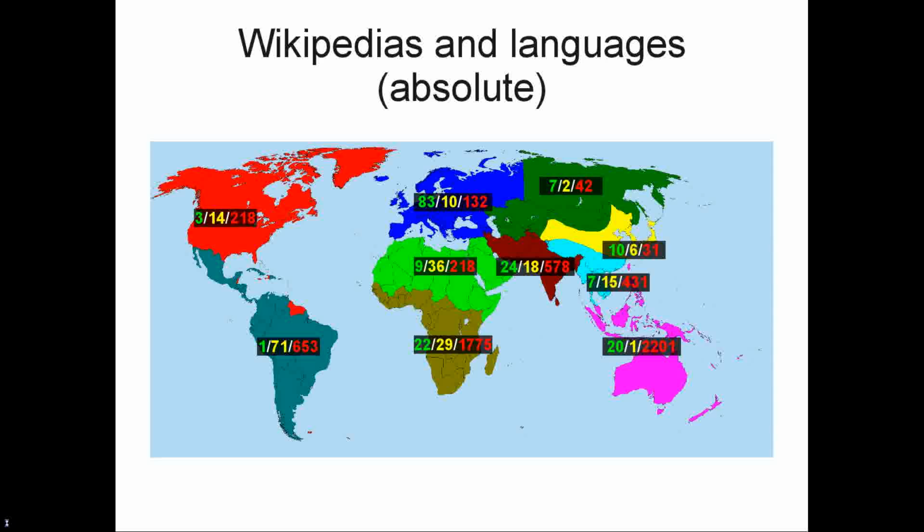The main problem is actually very bad knowledge about those languages by Western scholars, and the fact that early Wikipedias were created by ISO 639-1 codes, which could mean a lot of things, including actually the whole primary language group.